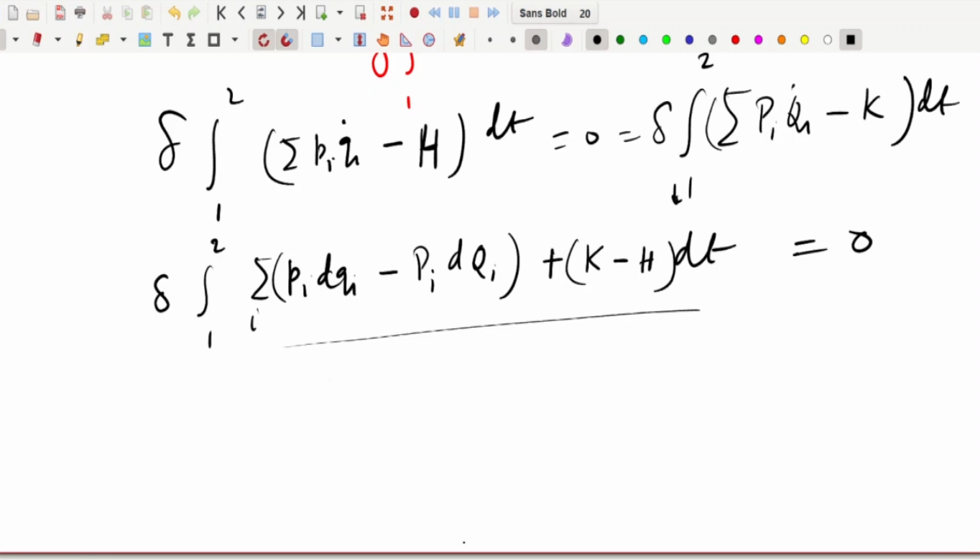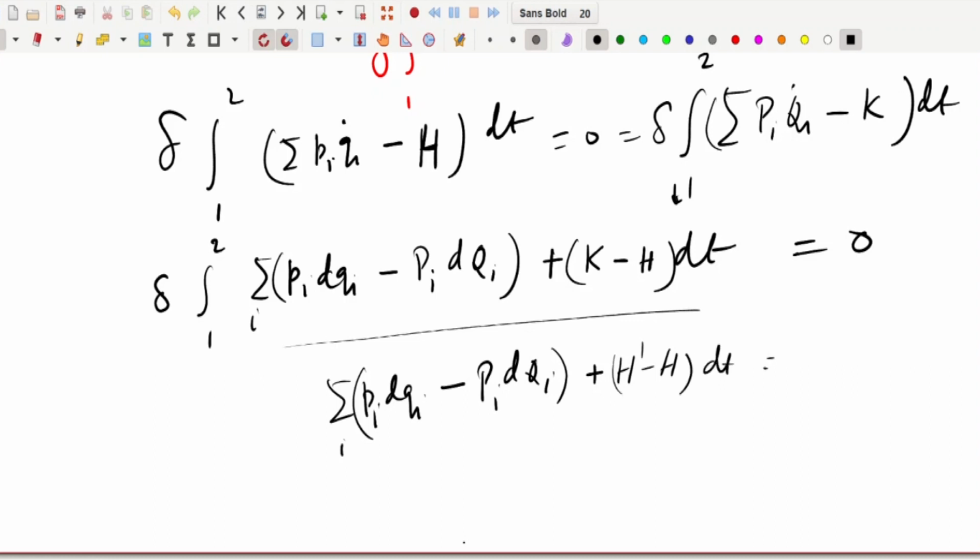So we can say from here that sum of pi dqi minus Pi dQi, plus K minus H dt, if the whole integrand is an exact differential, say dF1 of some function, then we say this equation will hold and that transformation will be canonical.